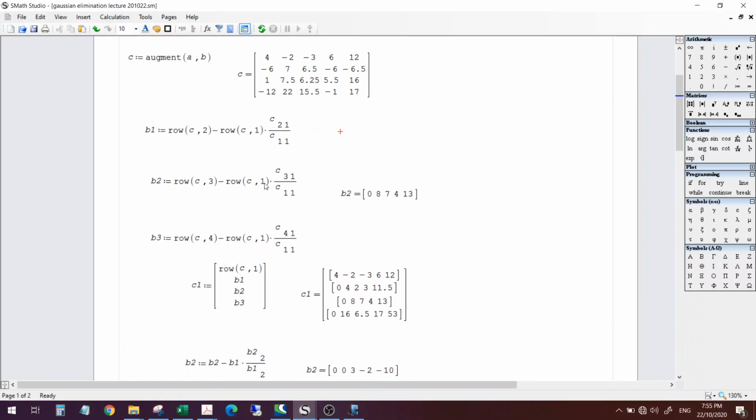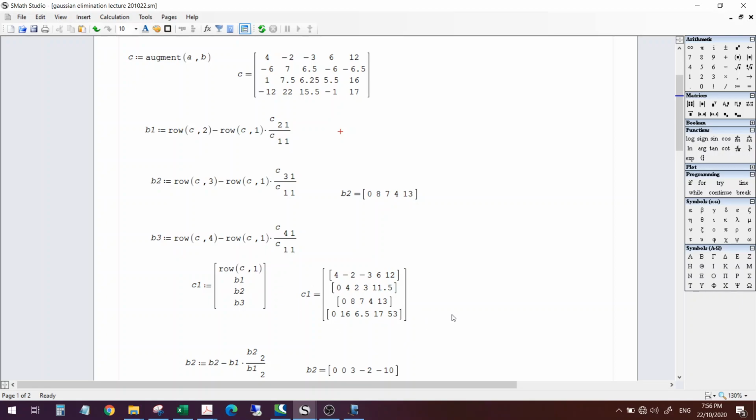Now, since I have the new matrix, our new matrix C, I assign that with the name of C1. So I combined here the original first row, and then the second row is now my B1, the third row is now my B2, my fourth row is now my B3. Then C1 is simply this.